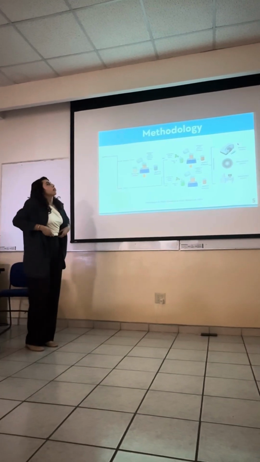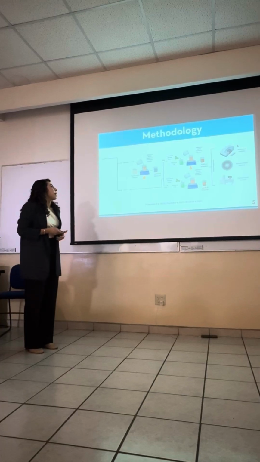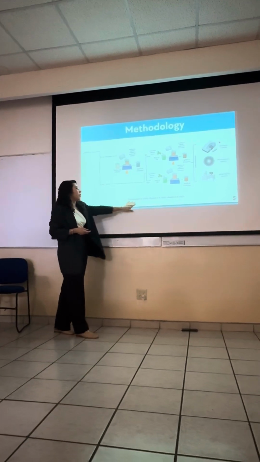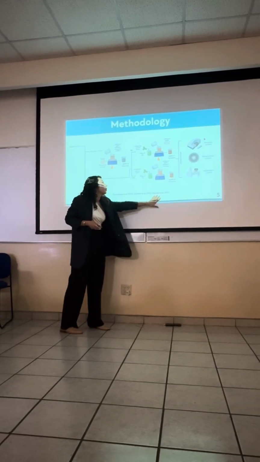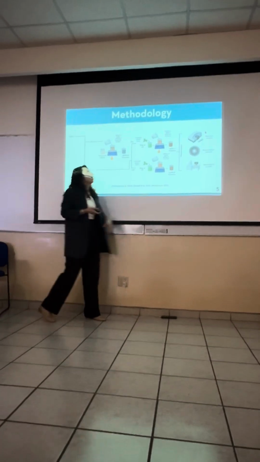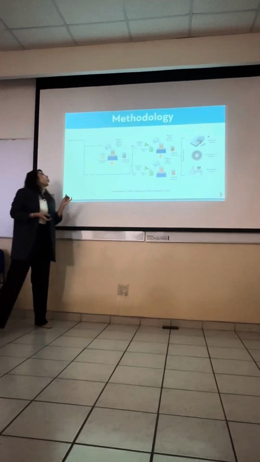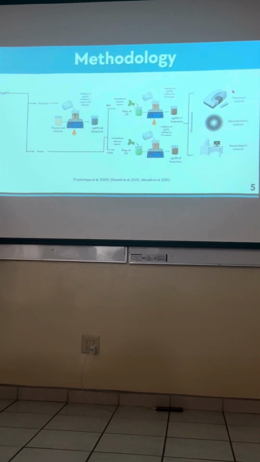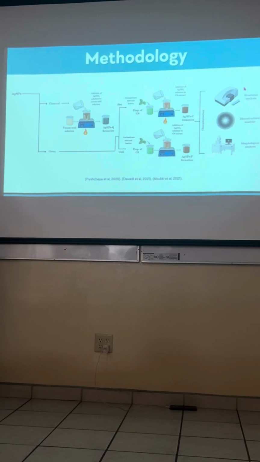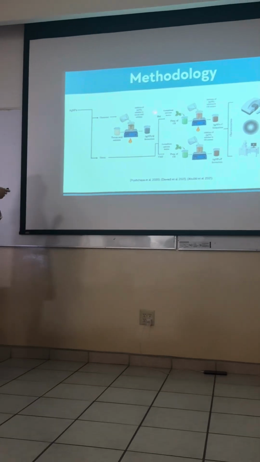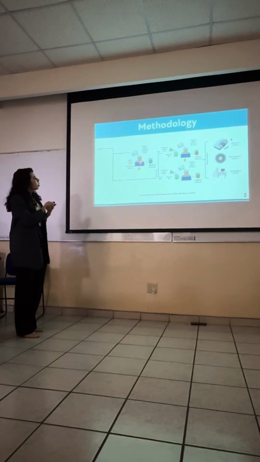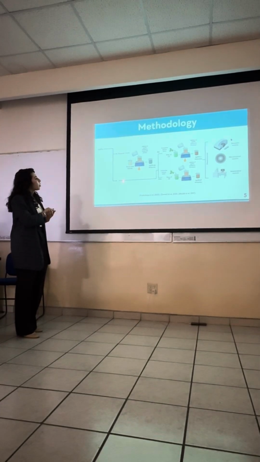So the methodology we used was based on the articles I mentioned before, the overview of silver nanoparticles, and especially the one from Alsbecky and their collaborators, who specifically used Coriandrum sativum, which was the plant that I used. As for the methodology, we divided the synthesis into two routes, the chemical and the green one.